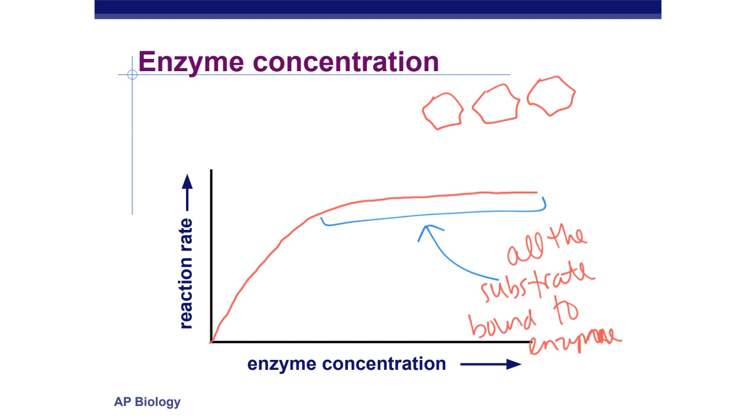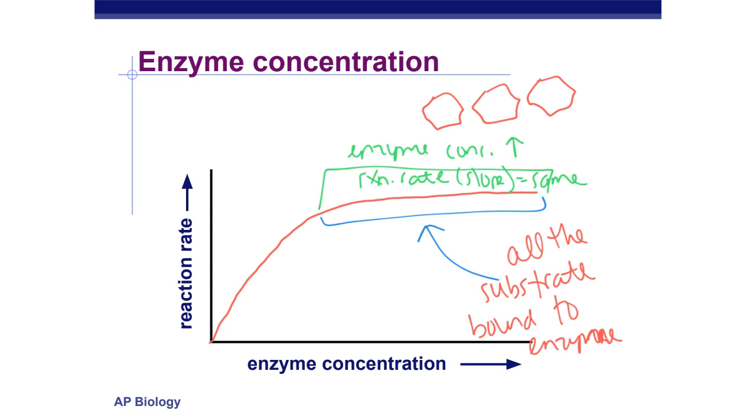So in this portion of the graph right here, let's make sure we're comfortable with graphs, my enzyme concentration is increasing, but my reaction rate, the slope of my line, is staying the same because I've bound all the substrates. It doesn't matter if I keep adding enzyme, it's not going to speed that reaction up anymore.